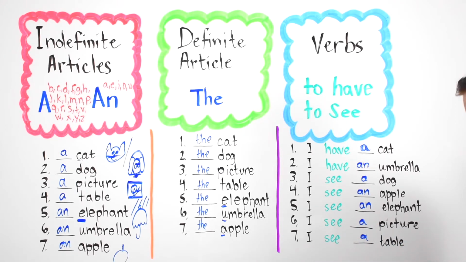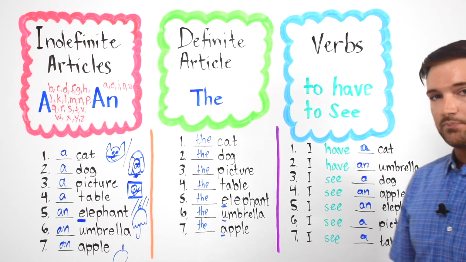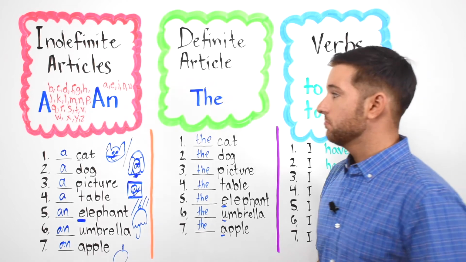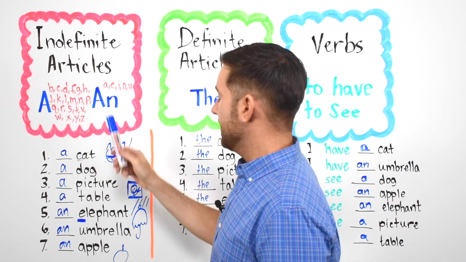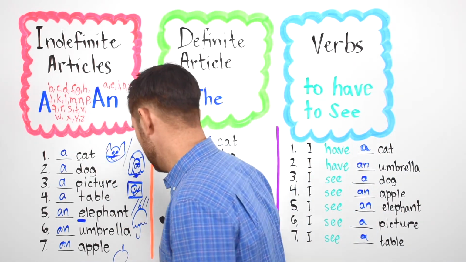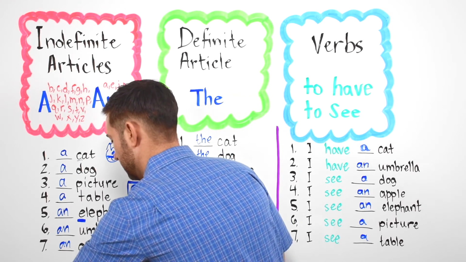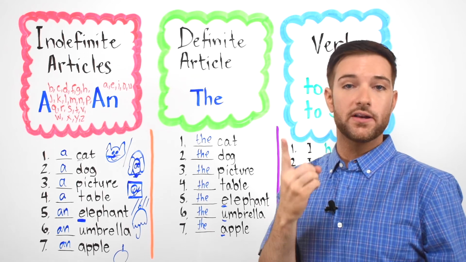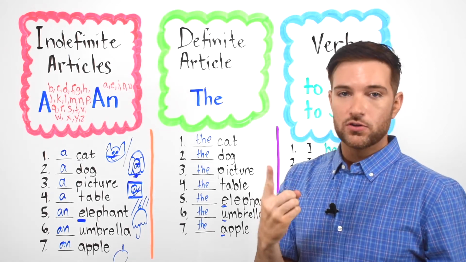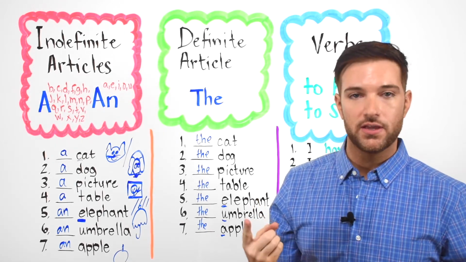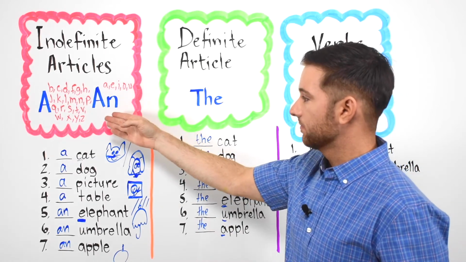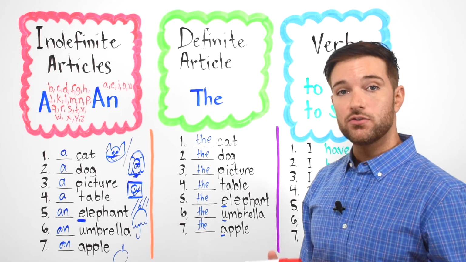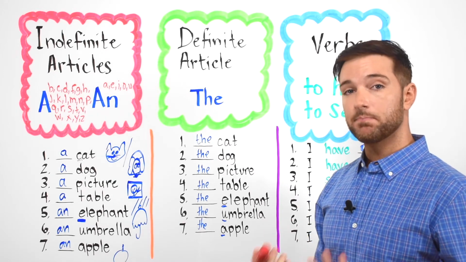All right? Now, guys, we also have plural nouns. So you remember a and an are used with nouns that are in the singular form, meaning one. You have one of something, one person, one place, one thing. Okay? Singular. A and an. The, on the other hand, can be used with singular and plural.